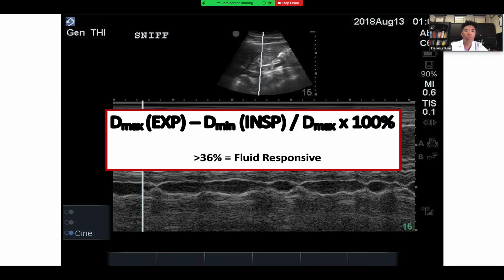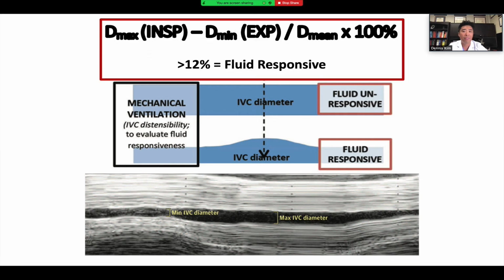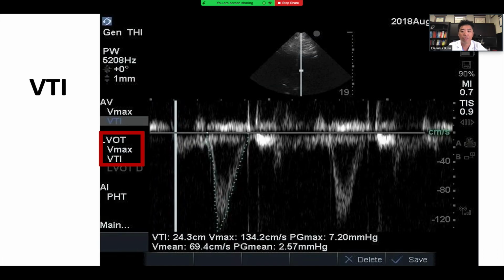But you can do different calculations, and you'll realize that they all look pretty similar. Whether you're looking at the mean or the max or the min all depends on what exactly you're trying to calculate and whether or not your patient's ventilated or not. But just IVC diameter alone may be potentially helpful. We know that phasic or respiratory changes in diameter are certainly helpful in predicting fluid responsiveness in septic patients.